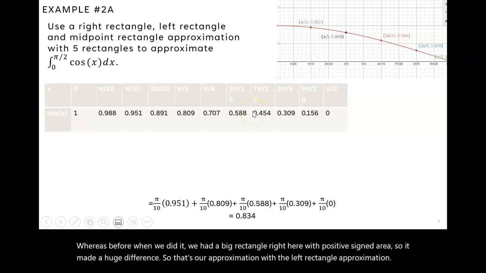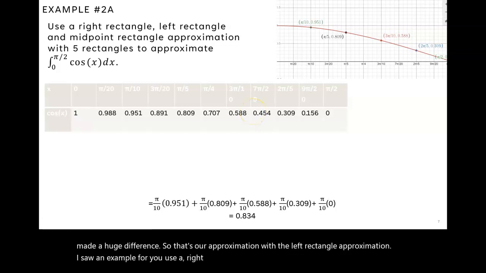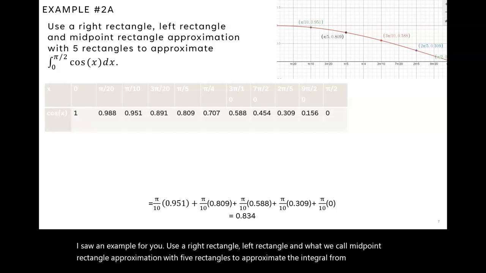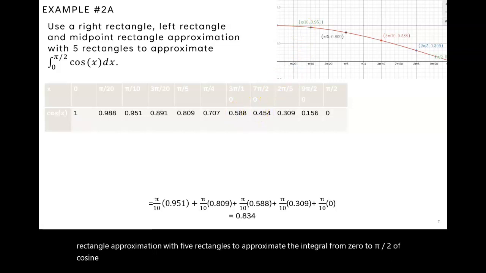All right, so an example for you: use a right rectangle, left rectangle, and what we call midpoint rectangle approximation with 5 rectangles to approximate the integral from 0 to pi over 2 of cosine of x dx. So here's the graph of cosine of x, and I've got all of my endpoints listed right here.